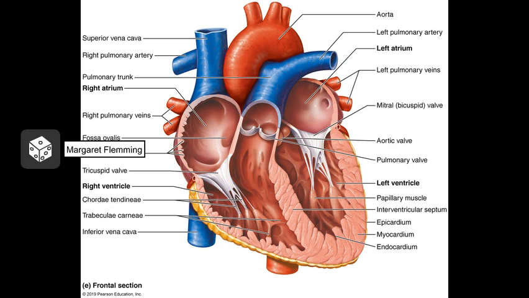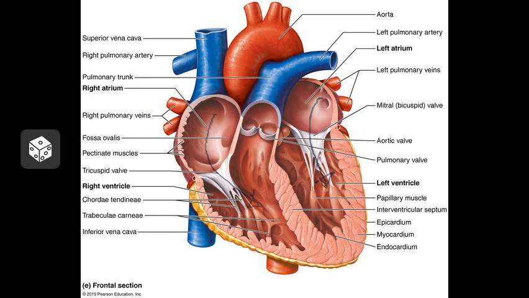Taking a closer look at the atria, both the right and the left atrium, the whole function of the atria is to allow for blood to return to the heart through veins, and from there be first allowed to just flow into the ventricles, and then when the atria contract, to actually push more blood into the ventricles.